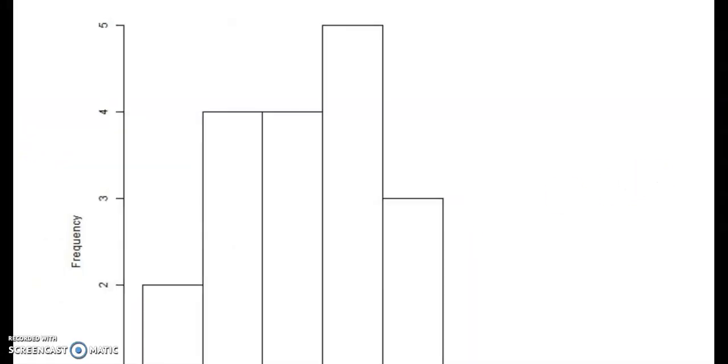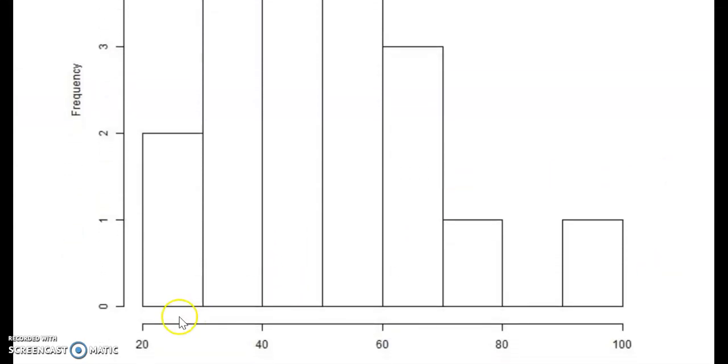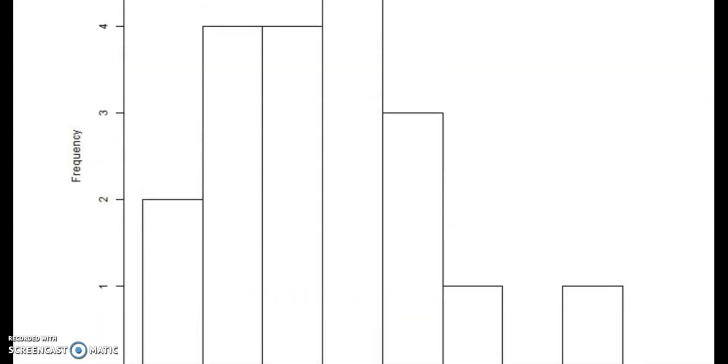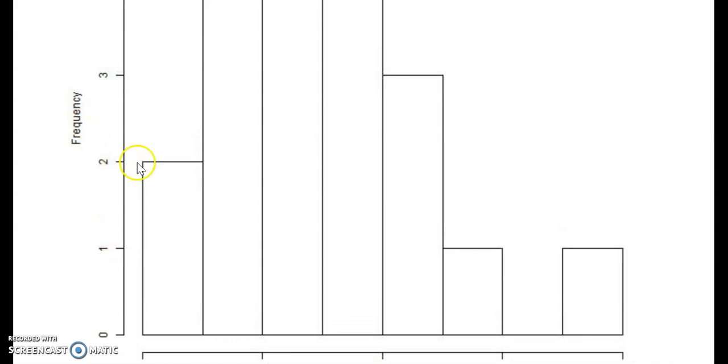Here's a better picture of it. It looks like the bins are going by increments of 10, so it'll be 30 there, 40, 50, 60, 70, 80, 90, 100. We didn't specify the bin sizes, so R just generates some convenient bin sizes. But you can see it's a frequency histogram here.